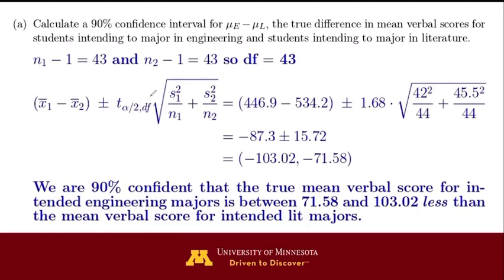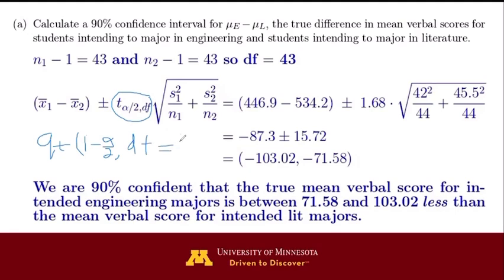If you take a look at this now, we're going to use qt, with 1 minus alpha over 2, comma, then you indicate your degrees of freedom.